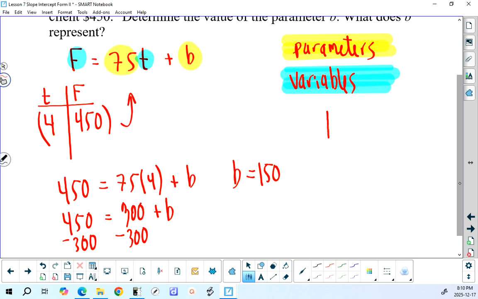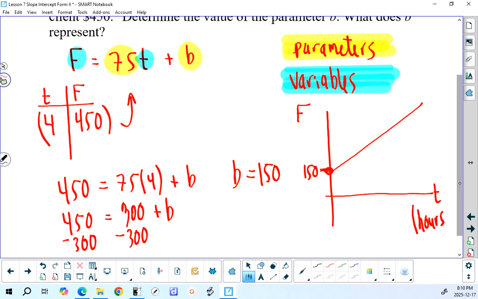So think about this in terms of what a graph would look like. The y-intercept is $150, and that's for a fee. The slope is $75. This is in hours. So the slope is $75 per hour.